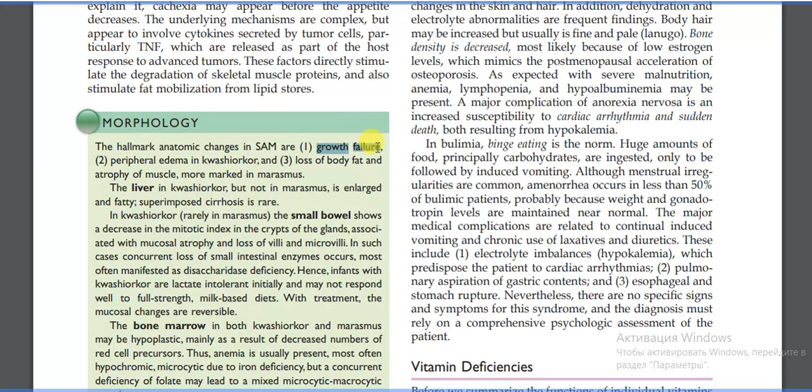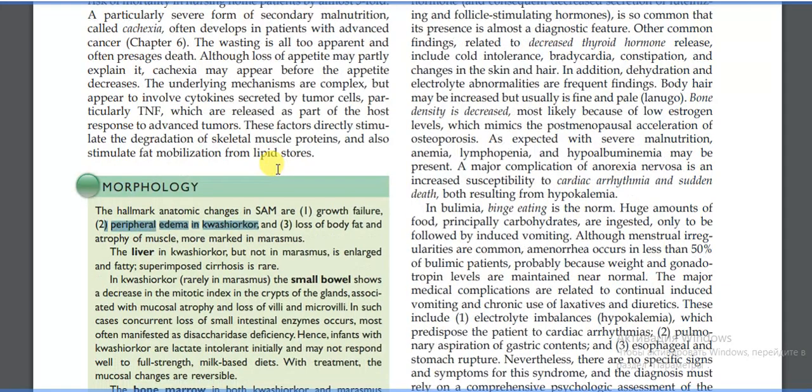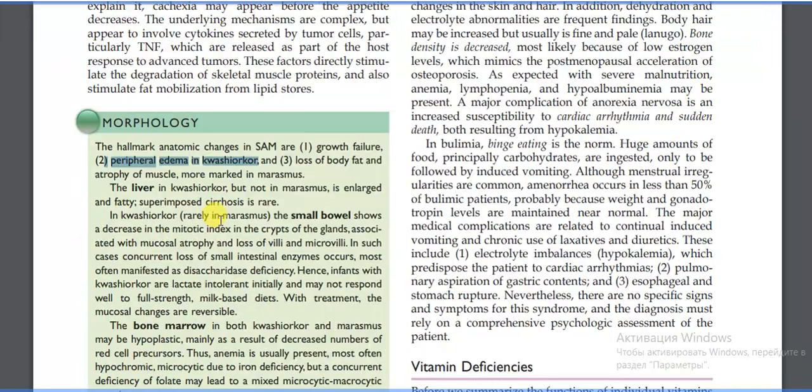Of course, we do not have the necessary amount of absorbed material. It causes peripheral edema in kwashiorkor, so it's a very typical hallmark of anatomic changes, and loss of body fat and atrophy of muscle, more marked in marasmus and also in secondary malnutrition.